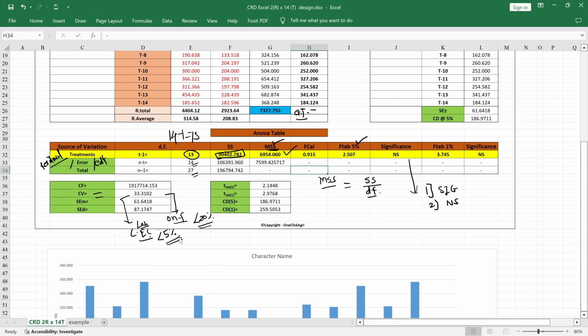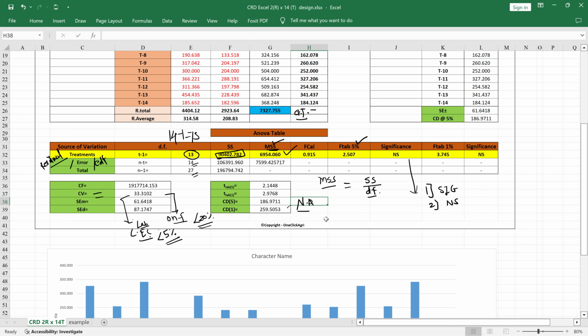Okay, then next you will get the CD value, and CD value for 5% as well as 1%. If your treatments are non-significant, then don't put the CD value in your thesis, just put NA.